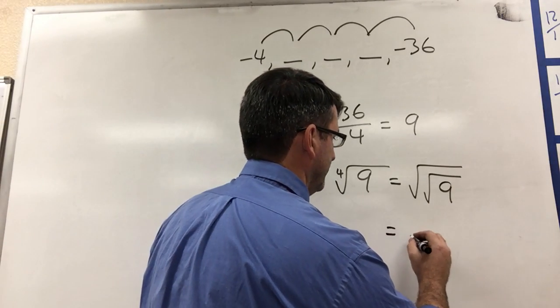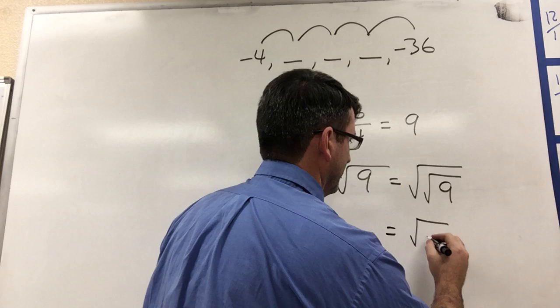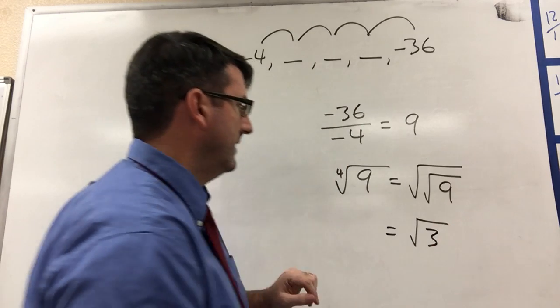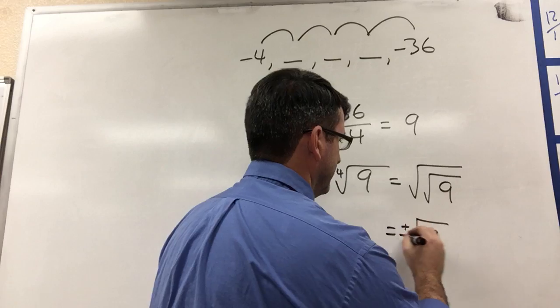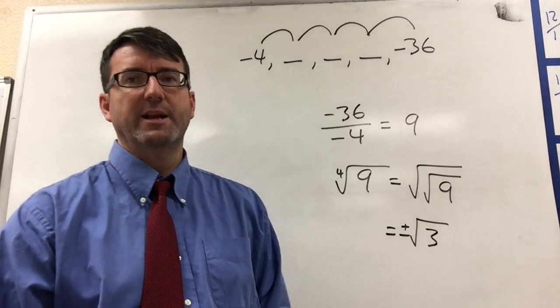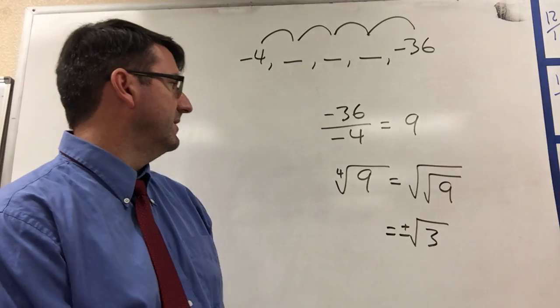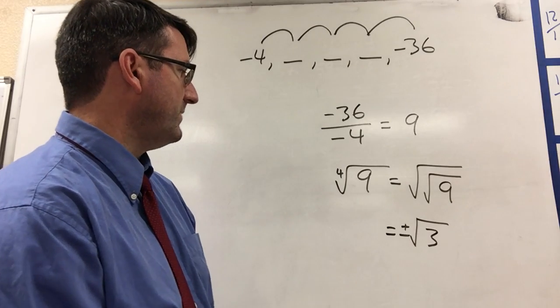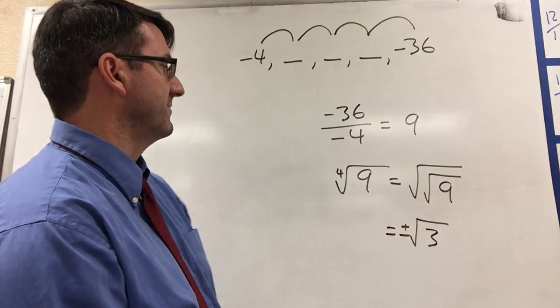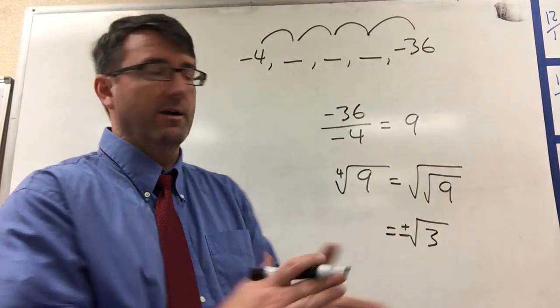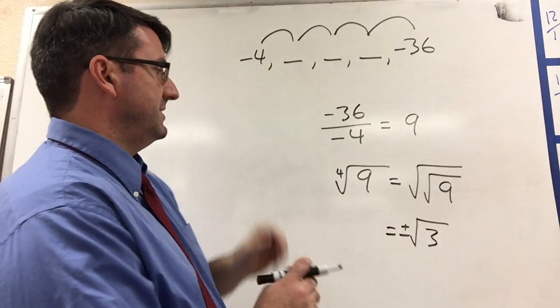So this is equal to the square root of 3. And plus or minus. We can't forget plus or minus when we're dealing with an even root. So plus or minus the square root of 3, that's what we're multiplying by each time. That's our R, our common ratio.